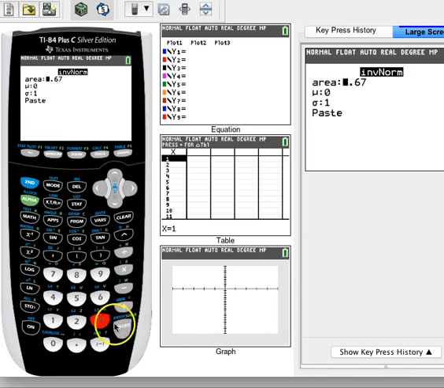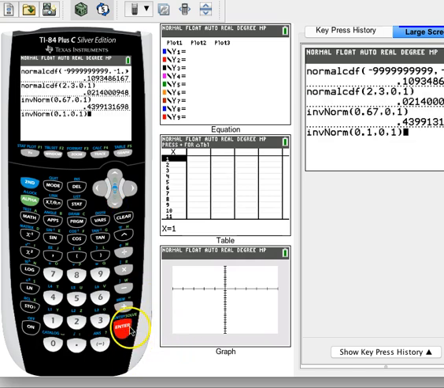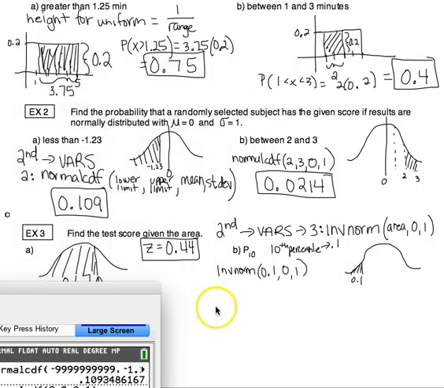So choice 3, 0.1, 0, 1, and enter. And then again, these are representing z-scores, so you should round them to 2 decimal places. So negative 1.28 is what we would have here.